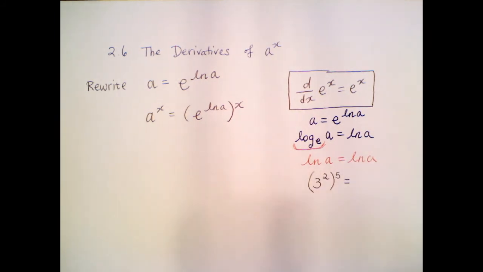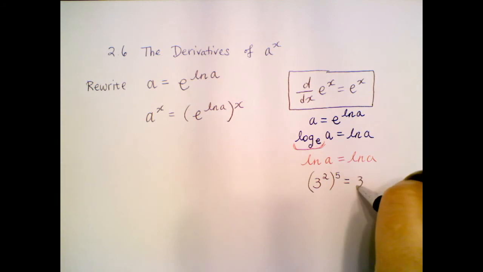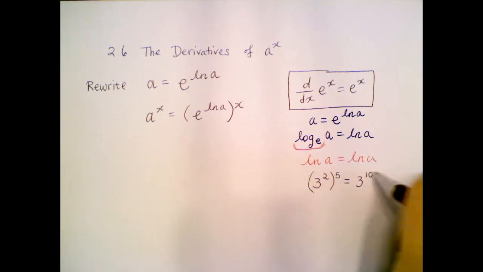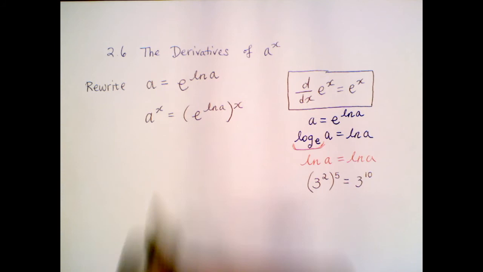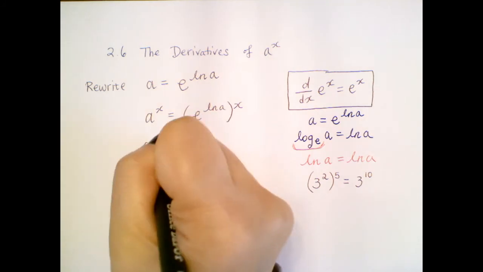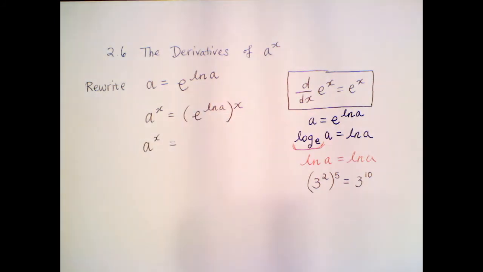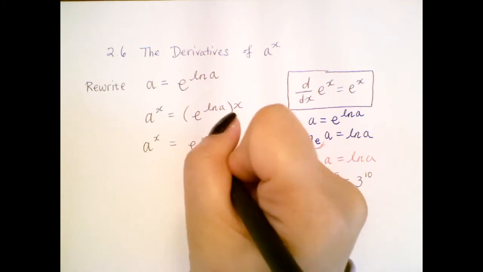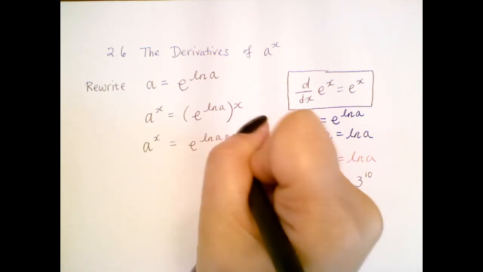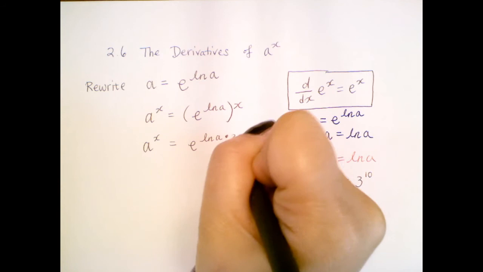How will you simplify the exponent? That's simply 3 to the 10th power, right? So we're just multiplying the exponents. So here, I can rewrite this as a to the x power is equal to e raised to the natural log of a times x.